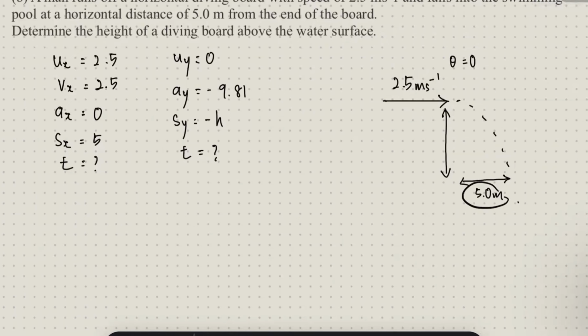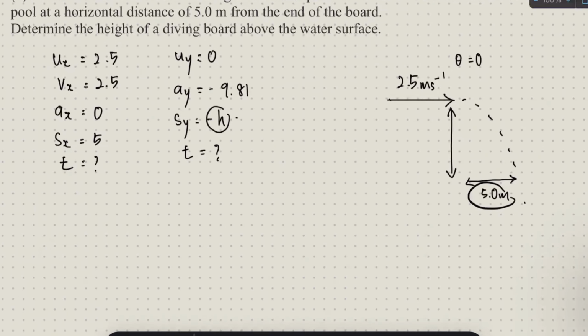So we have to find the value for h. But for component y, we do not have enough information to sub into the 4 linear equations. So we have to find t first from the x component. So I use the equation Sx equals 1/2 (ux plus vx) t.